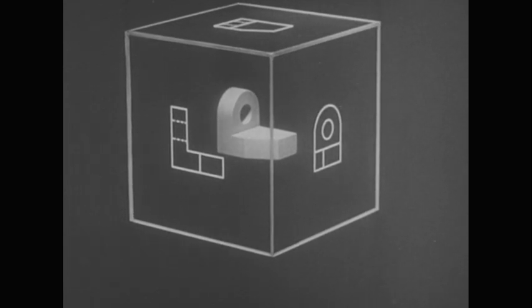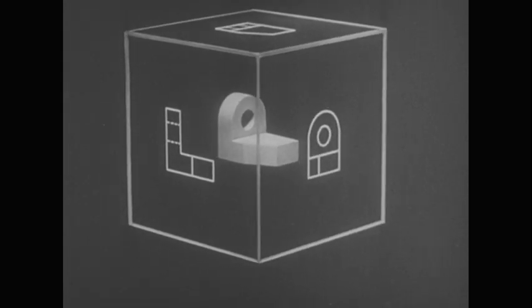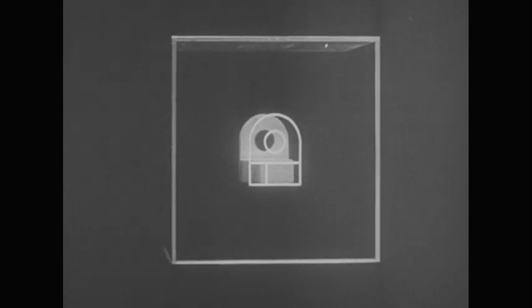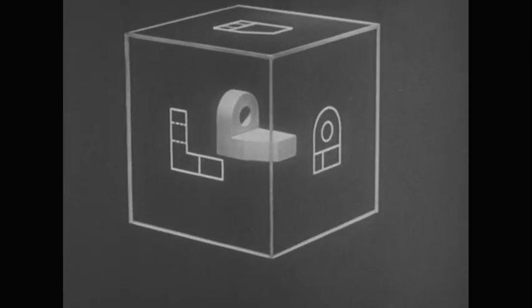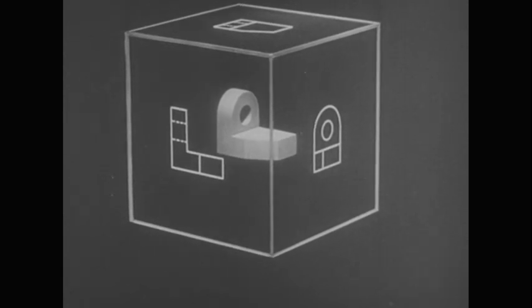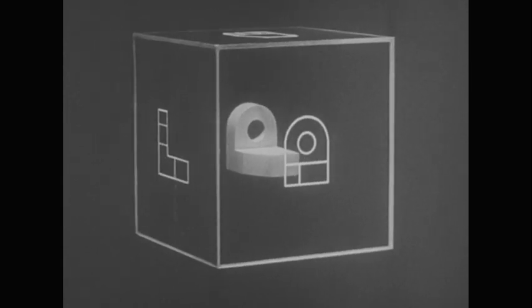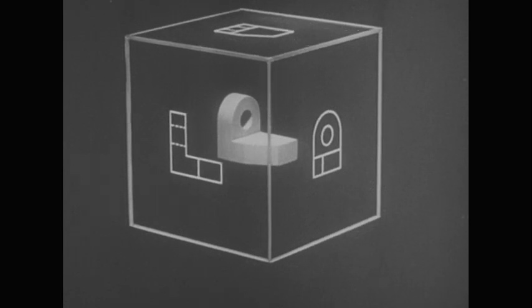And each view gives the true shape of one of the principal surfaces because the projection plane is parallel to that surface. These planes are the principal planes of projection. They are mutually perpendicular. That is, each plane is perpendicular to the other two planes. The principal surfaces of the object are also mutually perpendicular, of course.